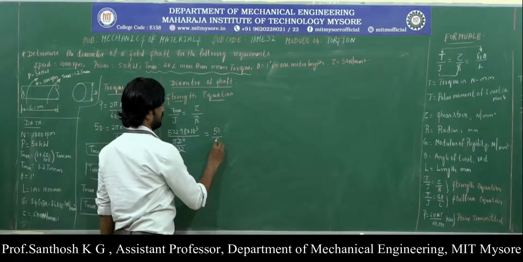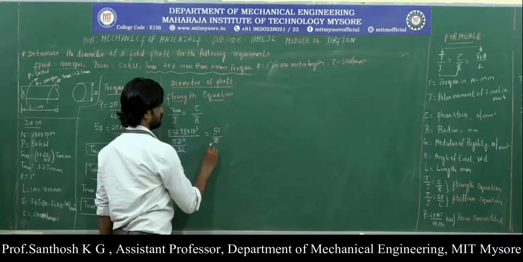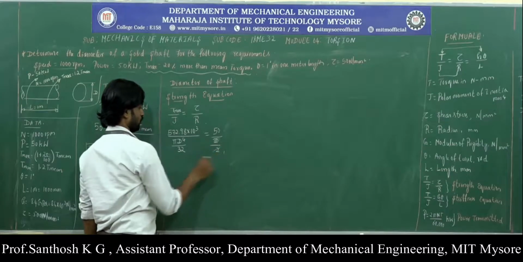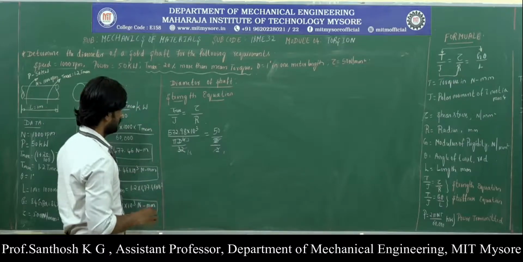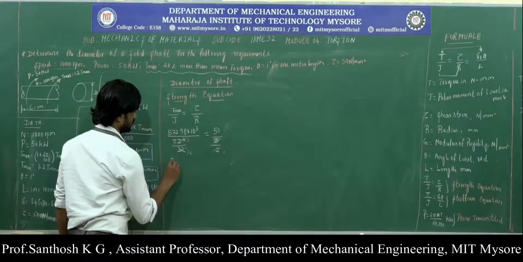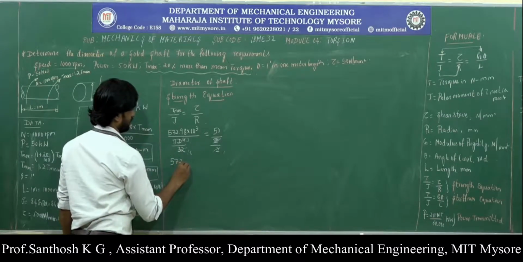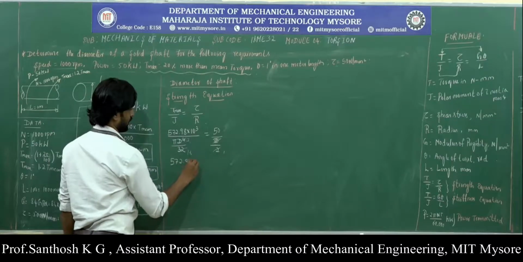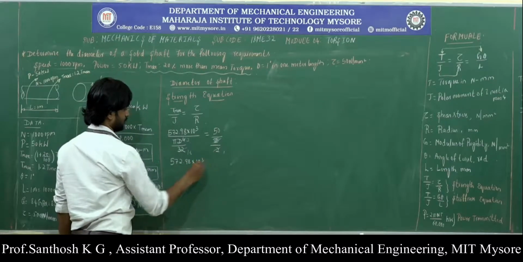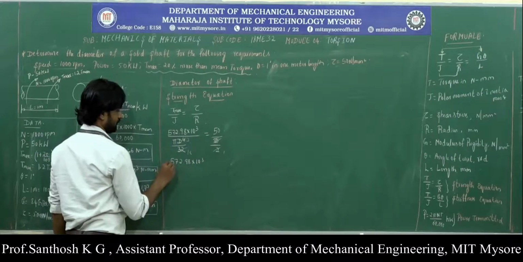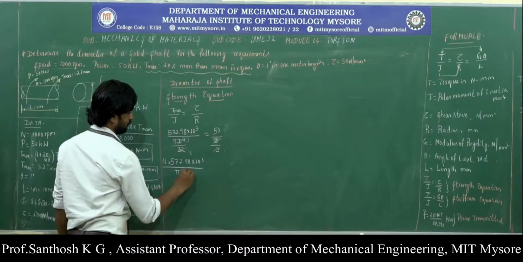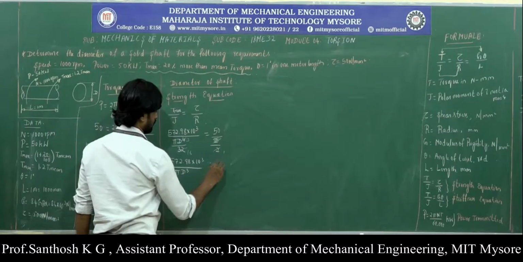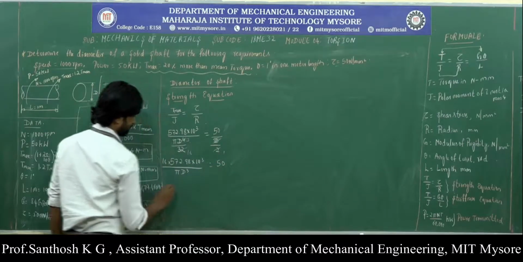R is d by 2. 2 ones are 2, 16s are 1d, and 1d will cancel out. So, simplifying this equation, I will get 572.98 into 10 to the power of 3 into 16 divided by pi into d cube equals 50.